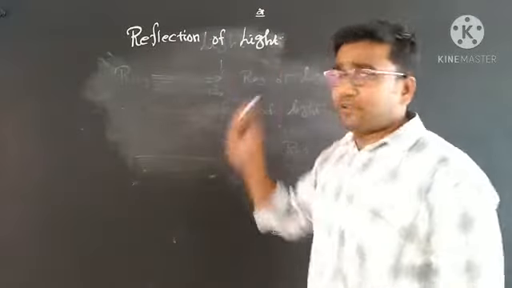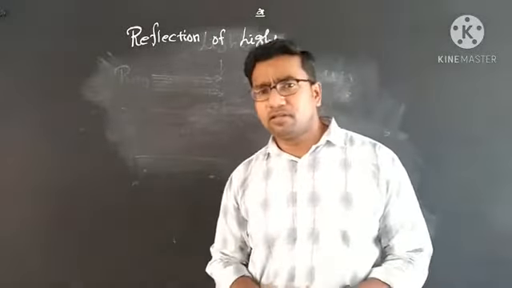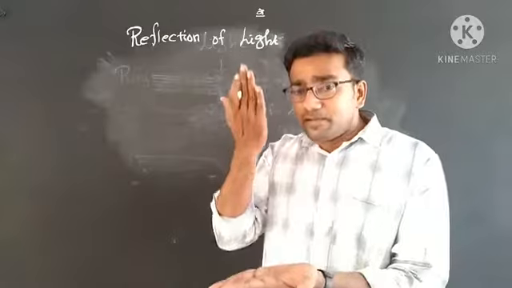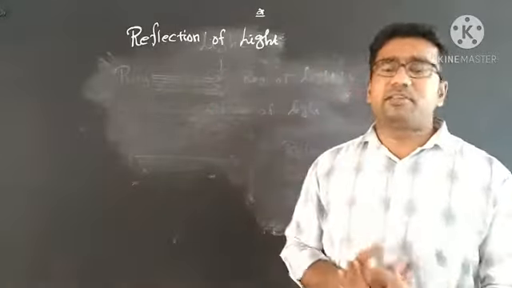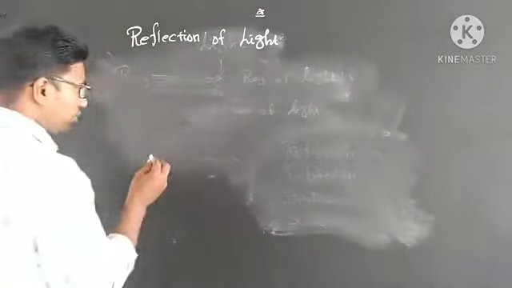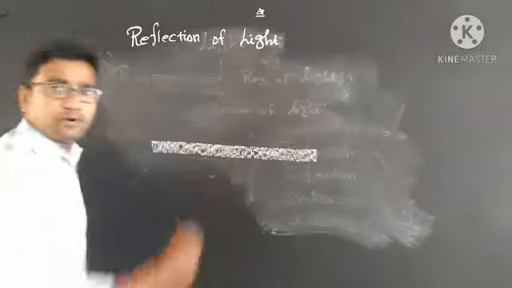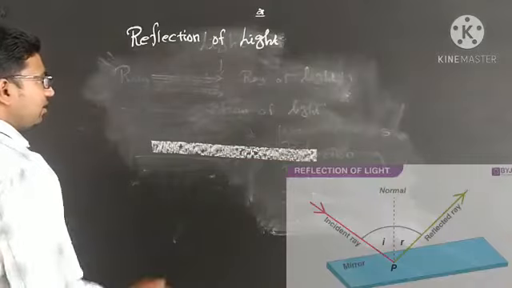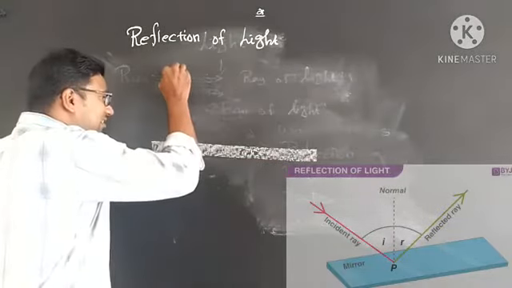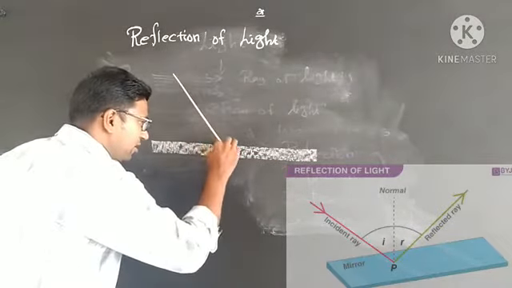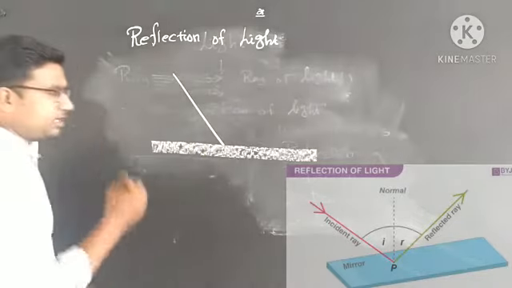The reflection of light, how does it happen? Only on a silvered surface or polished surface. So now I am going to take a polished surface like this. Now I am passing a light ray to a point on the surface, that is a reflecting mirror.